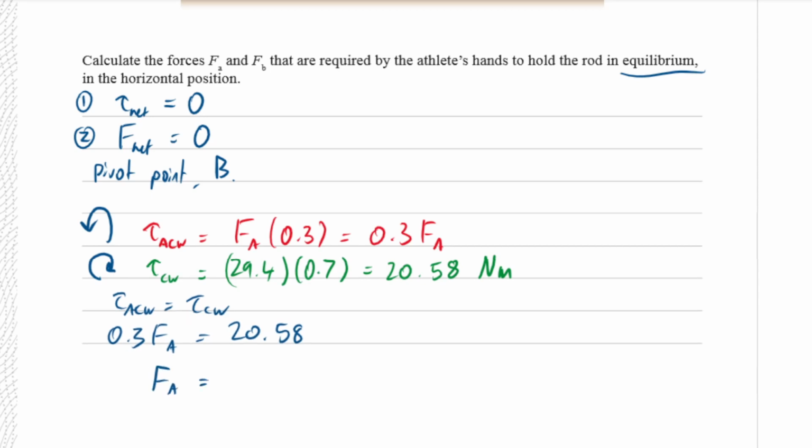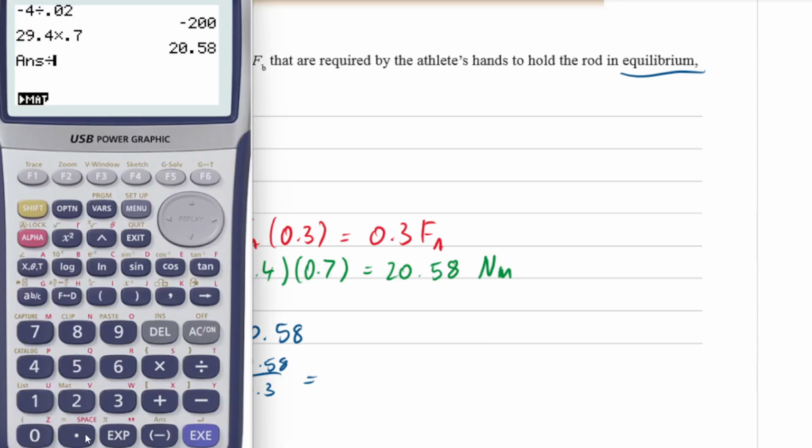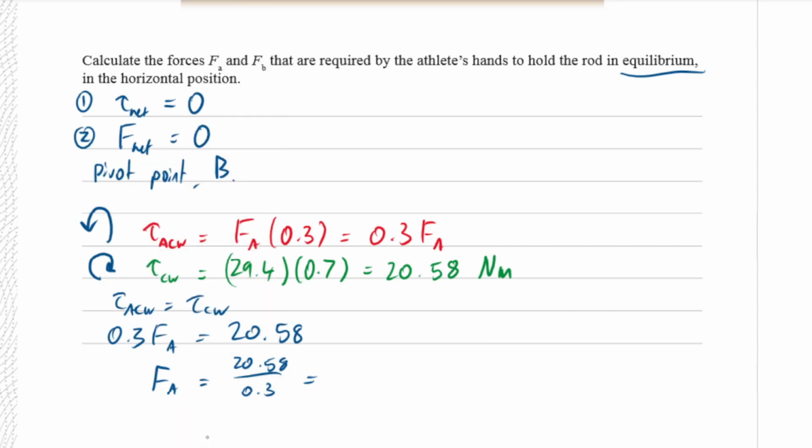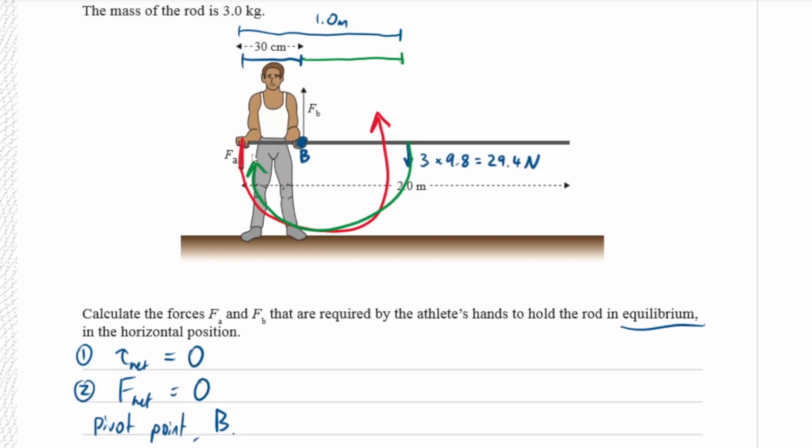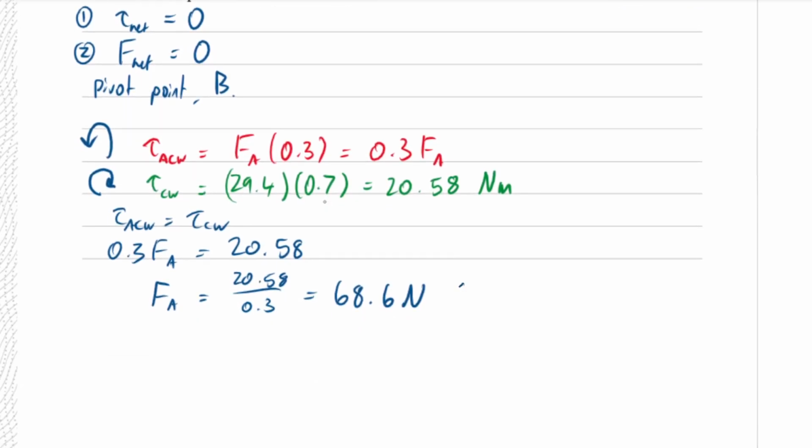Solving for FA, divide both sides by 0.3, 68.6 newtons. So that is FA. And FA is acting downwards, right, as per the diagram.